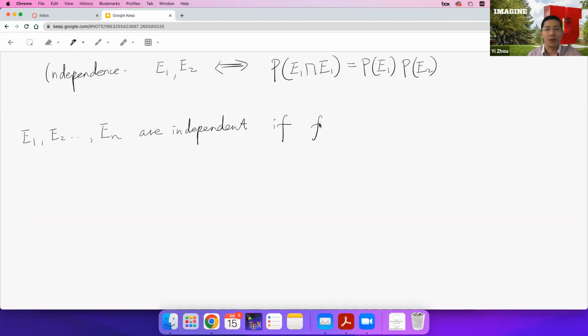For all subsets, you pick any subset of events, or put it the other way, you pick any number of events among all these events, those events need to be independent.